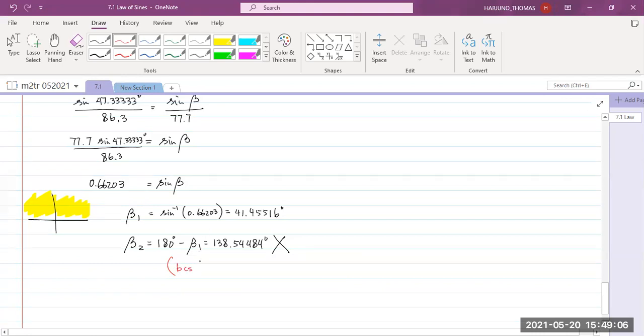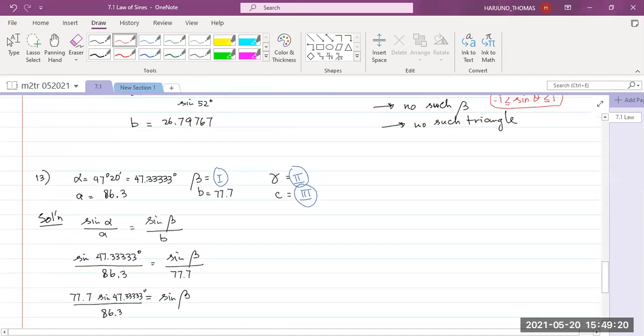The reason I cancel that is because alpha plus beta 2 is already more than 180 degrees. But there's another reason why I cancel that answer. Notice that side A is longer than side B, so we know that angle alpha must be greater than angle beta.